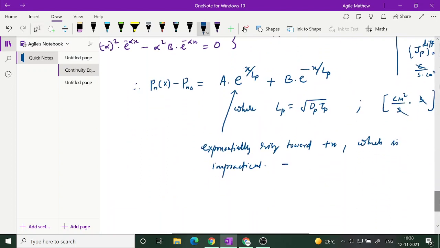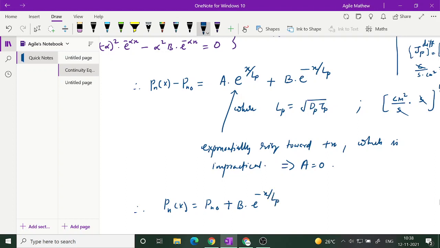This is applying a boundary condition and finding the constant. By the first boundary condition, far away we expect Pn0, not an exponential rise going to infinity, so a has to be 0. Therefore Pn of x is equal to Pn0 plus b e raised to minus x by Lp.